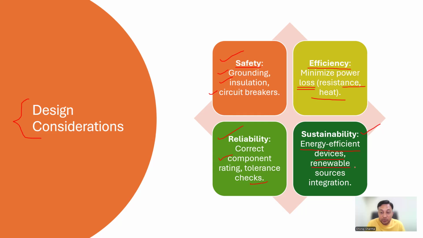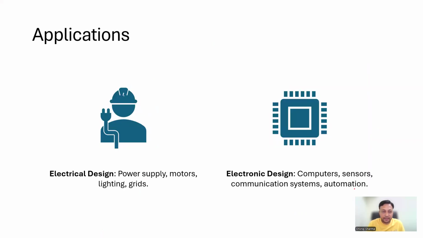Fine. Renewable sources integration, if it will be there. As you all know, solar is getting very trending in this era of energy generation, right? So definitely the renewable energy sources need to be integrated with it, so that in the absence of generation, the power will be maintained, right?